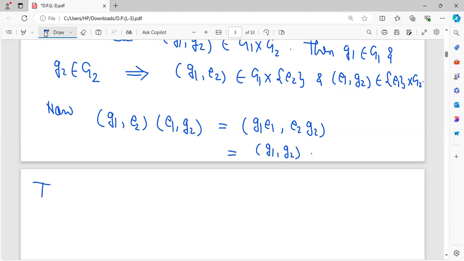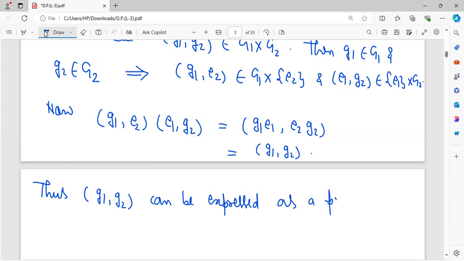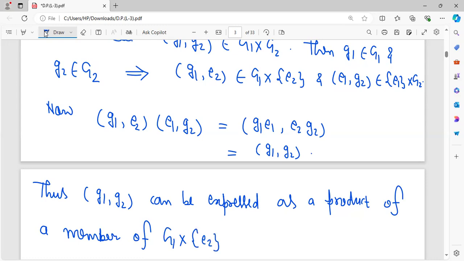Thus (g1, g2) can be expressed as a product of a member of G1 Cartesian {e2} by a member of {e1} Cartesian G2.